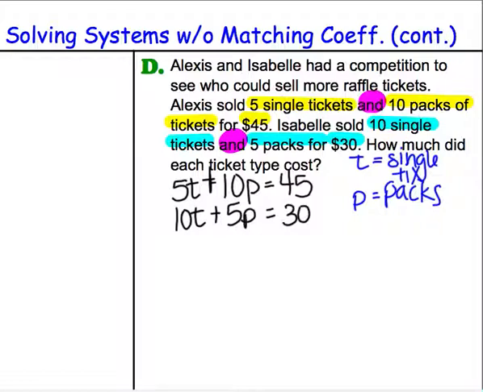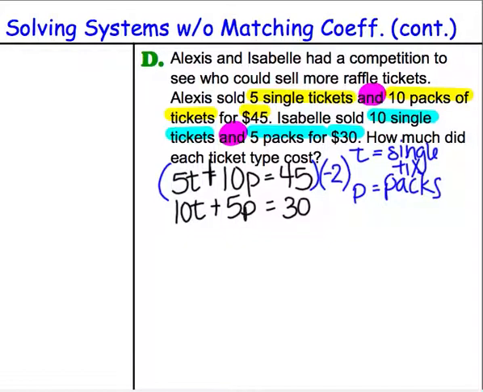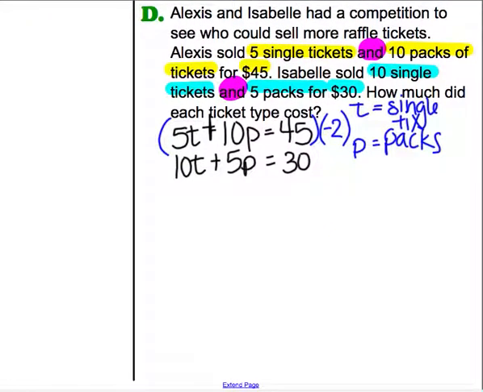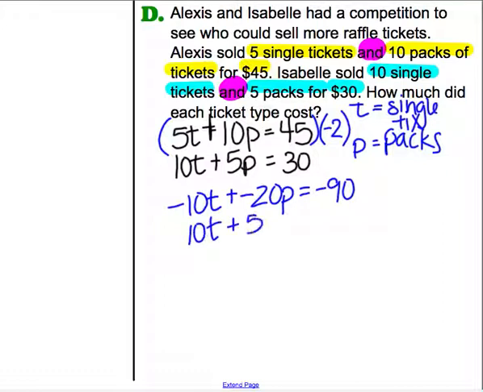So I'm going to get rid of that T, which means I can go ahead and multiply this equation by -2, which is going to get rid of that T. When I rewrite this, I get -10T minus 20P equals -90, and 10T plus 5P equals 30.